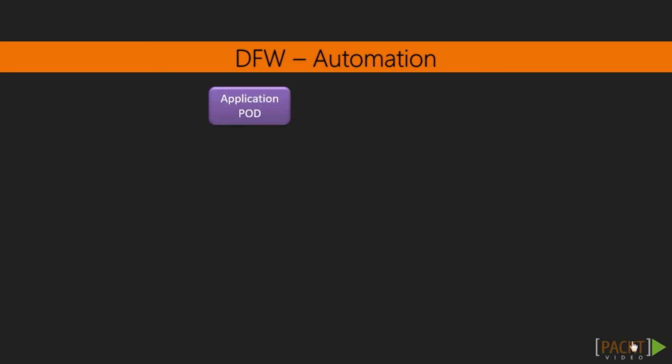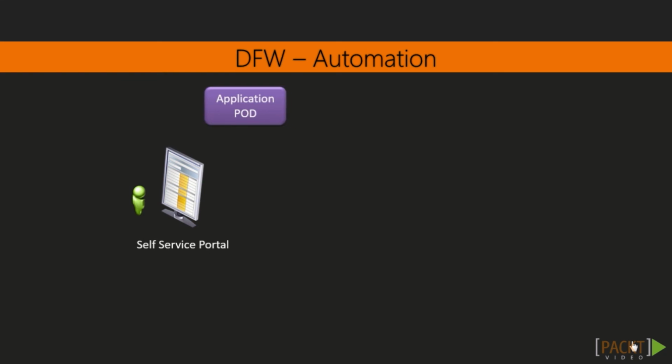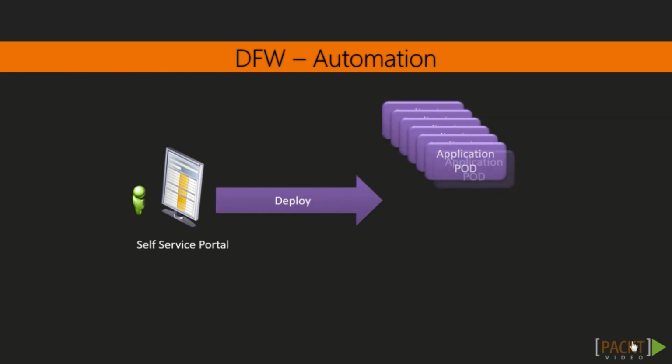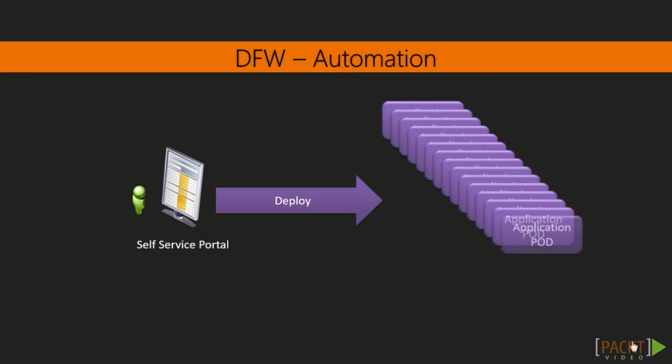And this pod is just a single object. So the user who connects to the self-service portal gets this application pod published. I entitle the user, allowing him to deploy that application many times. And that is the cool thing about microsegmentation plus automation using vRealize Automation.